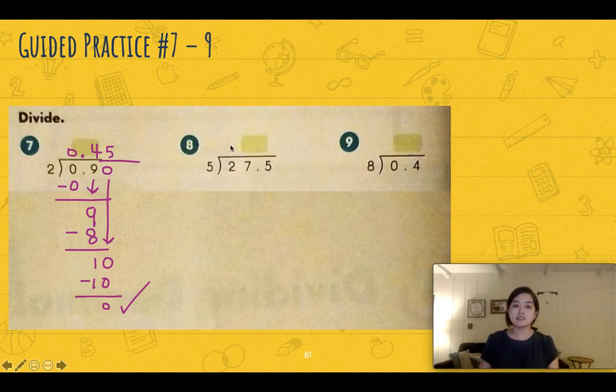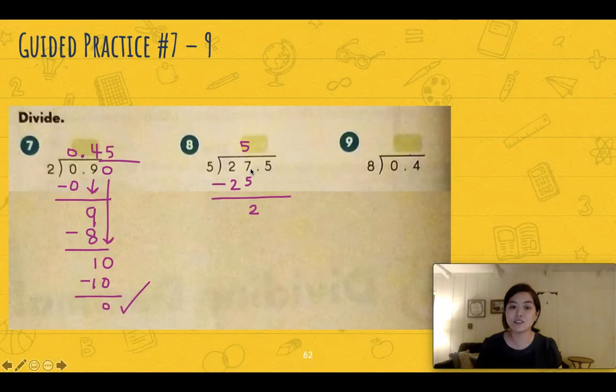Alright, let's look here. Can I do 5 times a whole number that gets me 2? No. So let's think about 5 times what whole number gets you 27 or close to 27? It's 5 times 5. 5 times 5 is 25. So 27 minus 25 is a 2. I'm going to drop the 5.